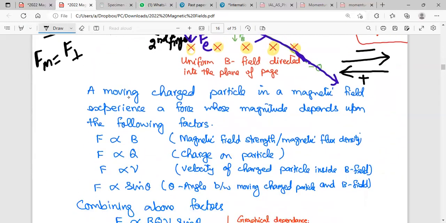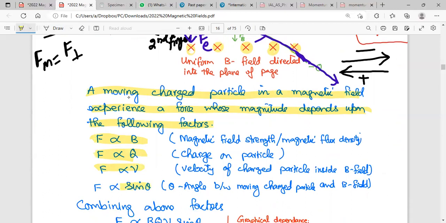So now, if we look at this, a moving charged particle in a magnetic field experiences a force whose magnitude depends upon the following factors. The first factor is the magnetic field strength. The second factor is the size of the charge. The third factor is the velocity of the particle or the speed of the particle inside the field.